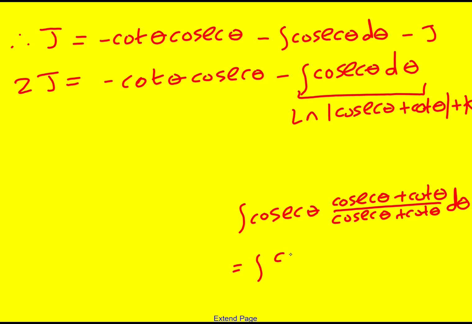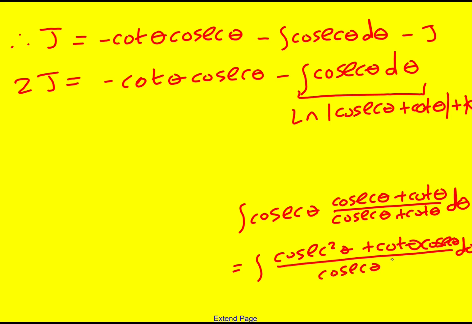So that then gives cosec squared theta plus cot theta cosec theta all over cosec theta plus cot theta. And this is actually in the form of f dash theta over f of theta.